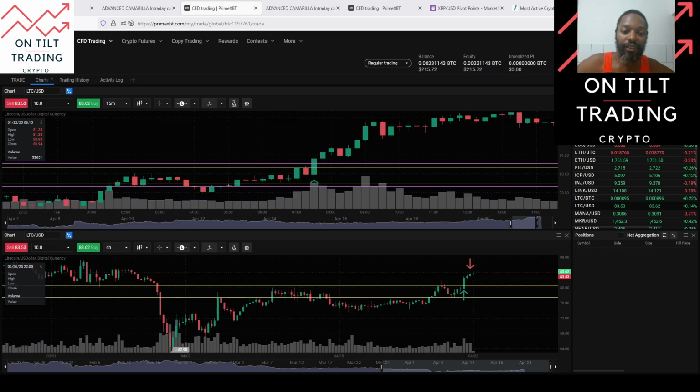Just trying to get the entry, I already had set a limit order out. Ideally, once I see the setup, I want to set a limit order just to take the psychological strain of timing off, to go ahead and have an order in the market. I don't mind having liquidity in the market.